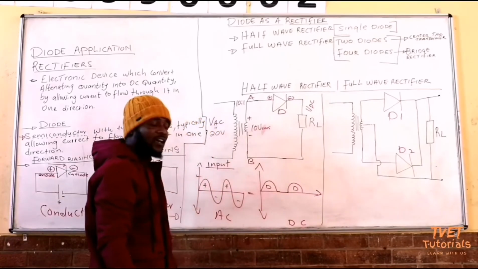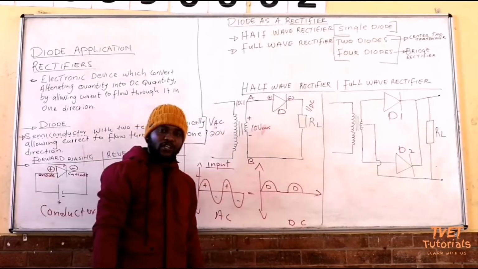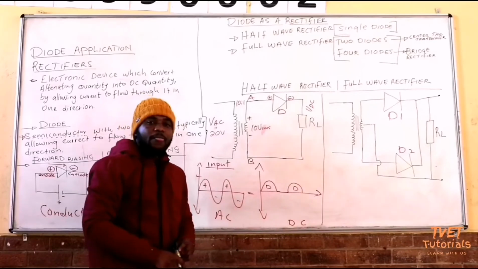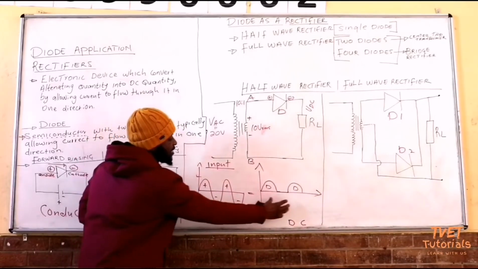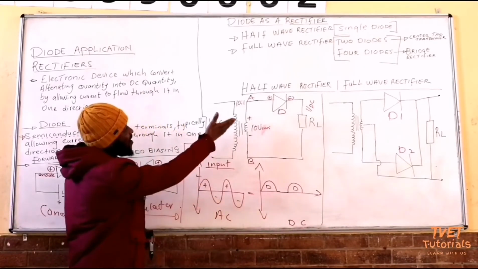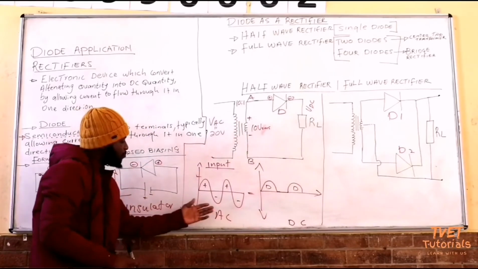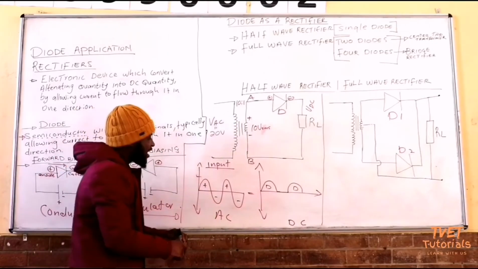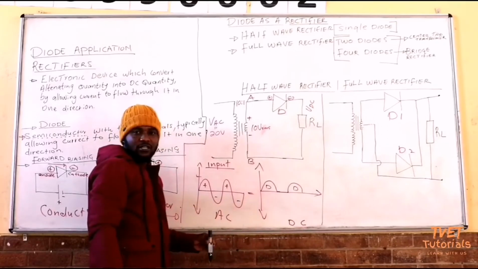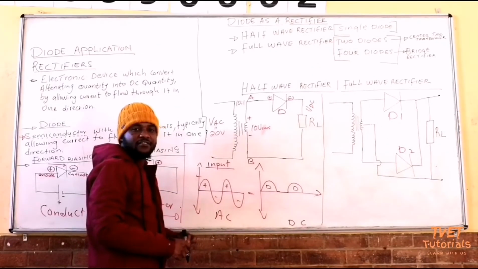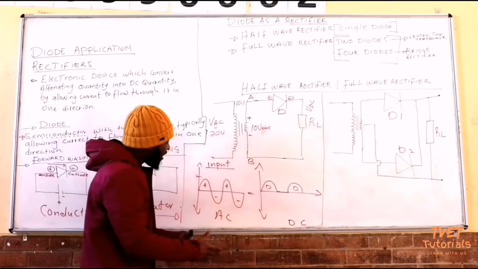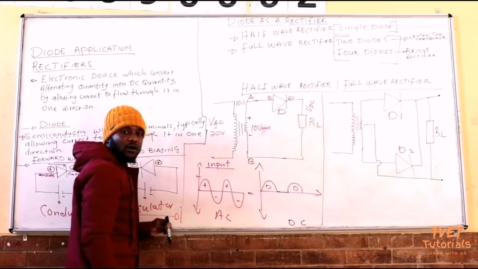This is a half wave generated by D. So, this is the input, this is the output. So for a half wave, if you are given an input that looks like this, you just have to clip out the negative half waves. The negative half wave must be clipped off.